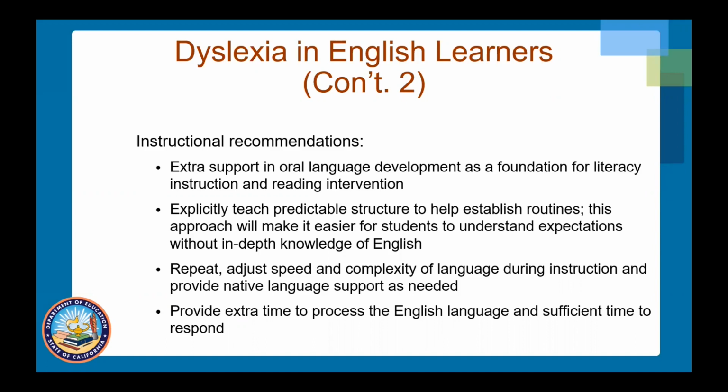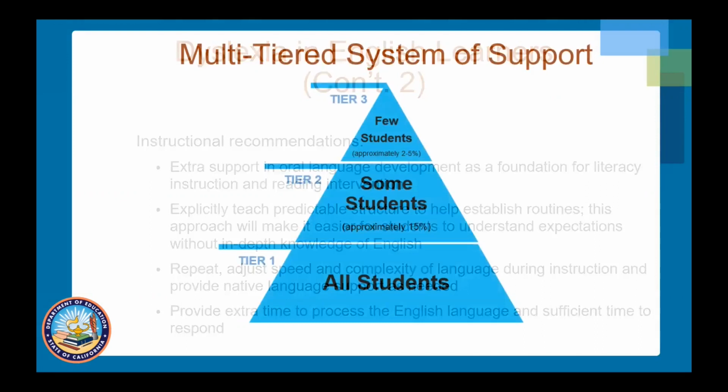These include increased support for oral language development and an emphasis on building vocabulary, establishing predictable structure and routines to make it easier for students without an in-depth knowledge of English to understand expectations, modifying rate and complexity of language and providing language support as needed, and providing extra time to process language and respond, which is also a key accommodation for students with dyslexia.